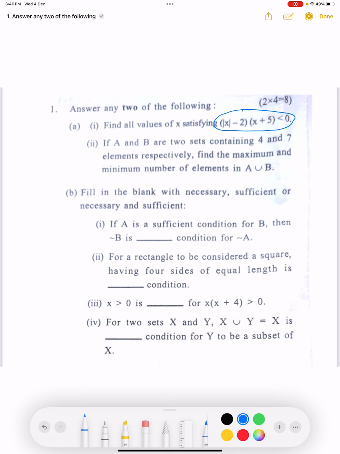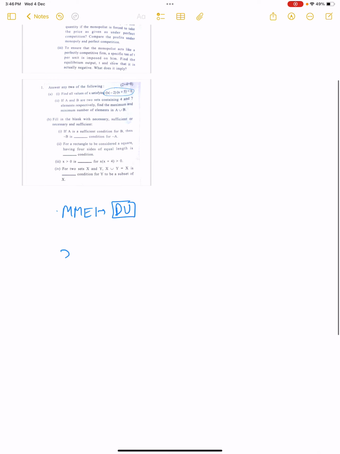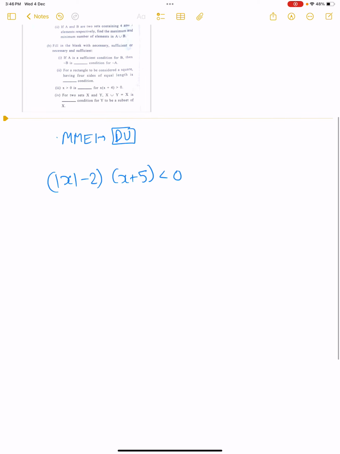Okay, I will just copy this equation. Mod x minus 2 into x plus 5 should be less than 0. So we cannot have the case where this is positive and this is positive, because that would lead to greater than 0. And we cannot have the case where both of them are negative. That would also lead to greater than 0.